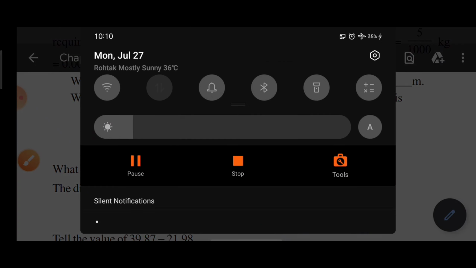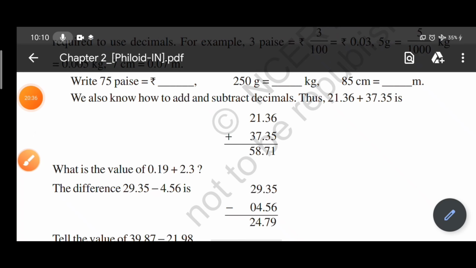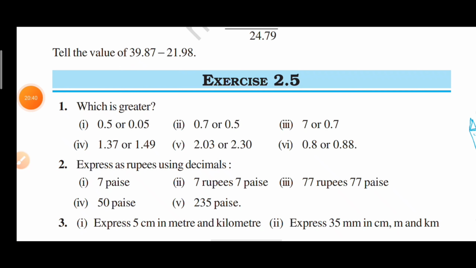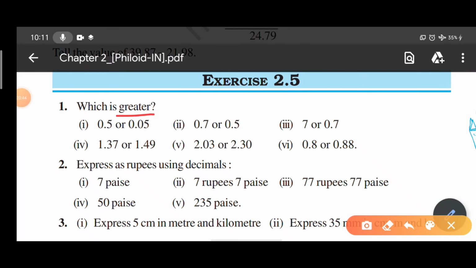Now next, some exercise questions are provided. Here it is asking which one is greater. In decimals, if we have to choose, first of all I'll compare. For example, let us choose this particular question. I'll first check the values on the left hand side of the number, and then I'll move on to the right hand side.